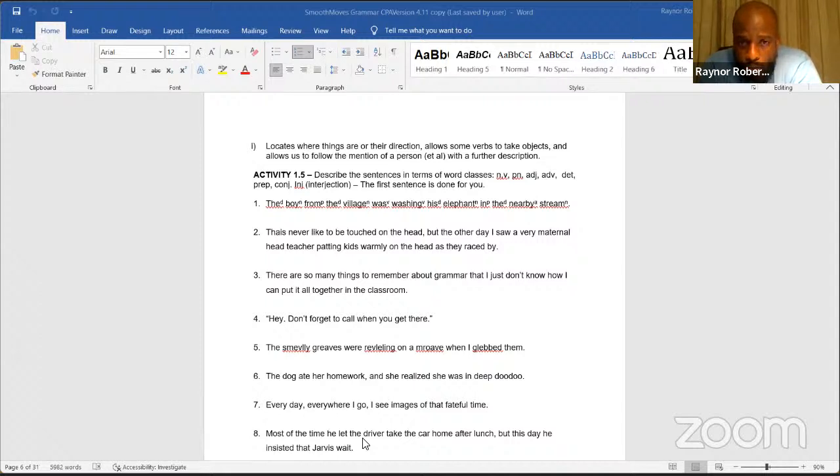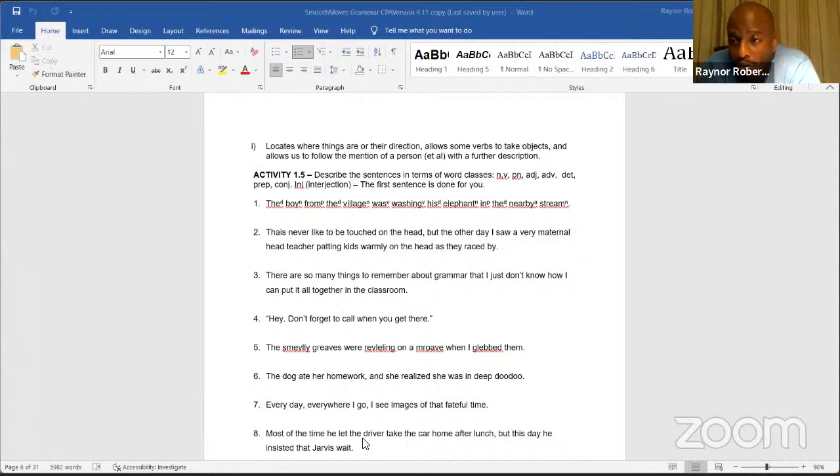Unlike coordinators, where you have the acronym FANBOYS, for subordinators we don't have anything. Any word that will make an independent clause dependent is a subordinator. Any word: until, since, because, if, when, and you have all types.